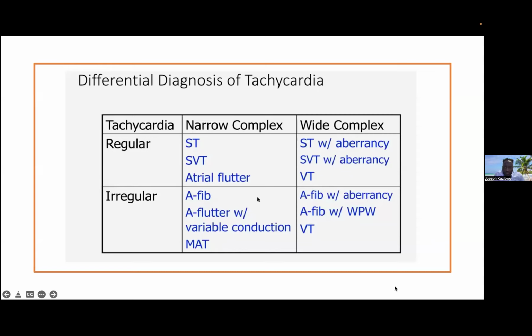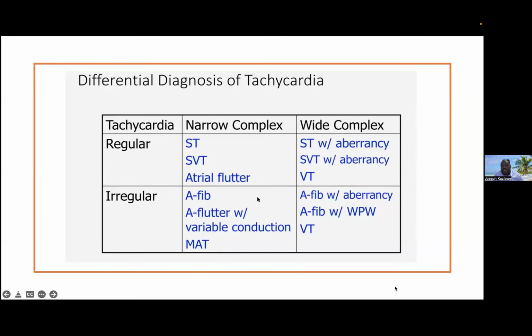We'll start with the general look at tachycardias. We can generally divide them into whether they are regular or irregular. If we start with the irregular, the commonest being atrial fibrillation. Apart from regular or irregular, we can also look at whether they are wide complex, a wide complex QRS, or narrow complex.